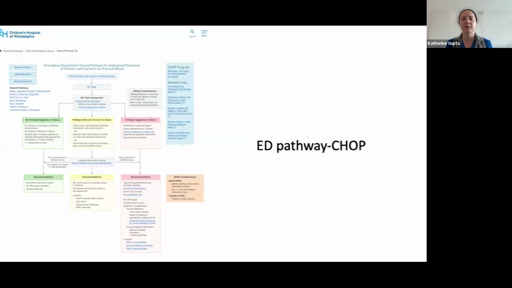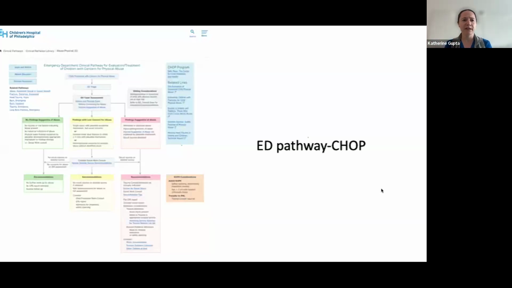I'm most familiar with this one, but as a systematic way to think about these children and to keep track of what investigations are necessary for them. Because as you may note from this presentation, it can become a little bit overwhelming. Like, well, what age are they and what am I worried about and which studies am I doing?